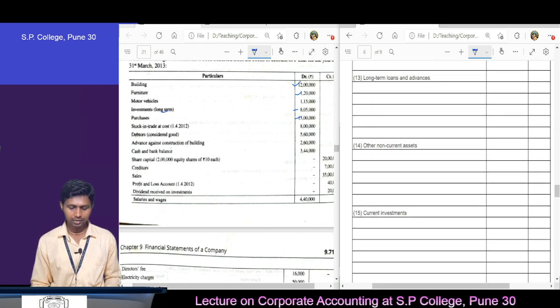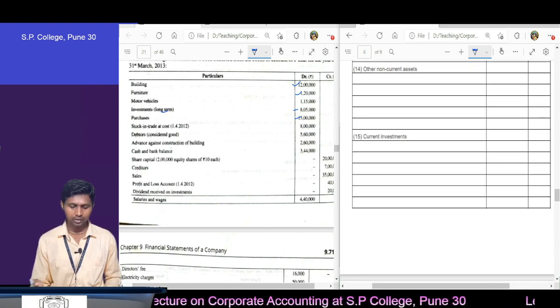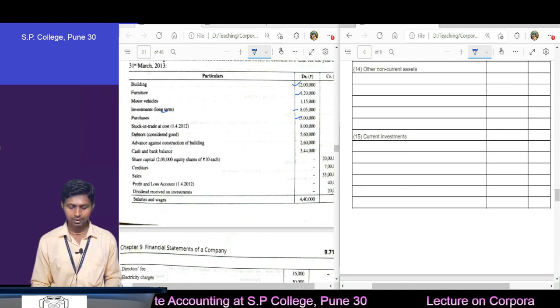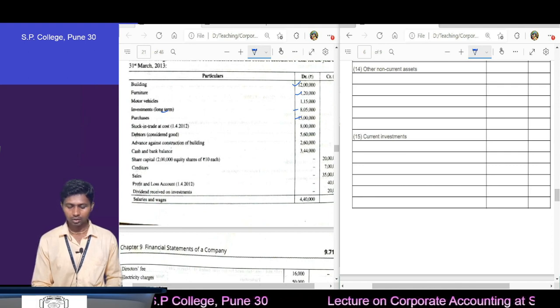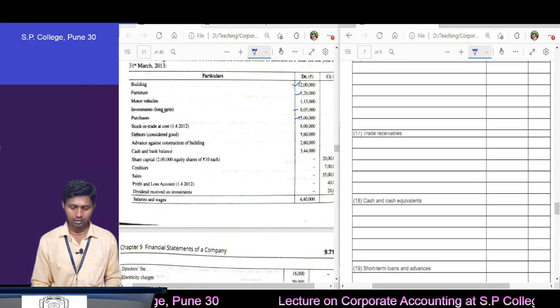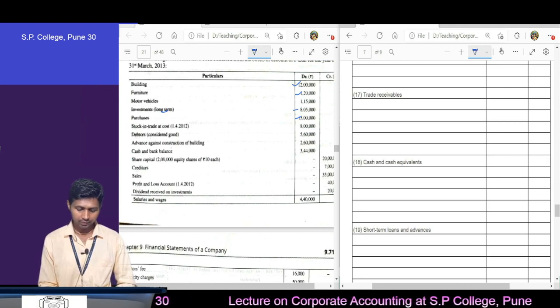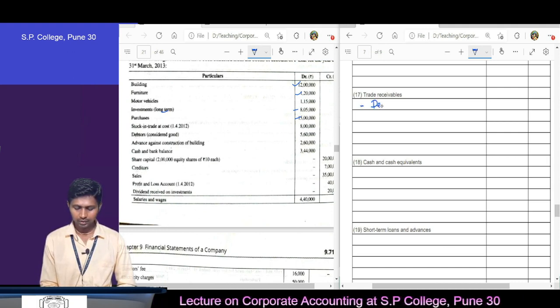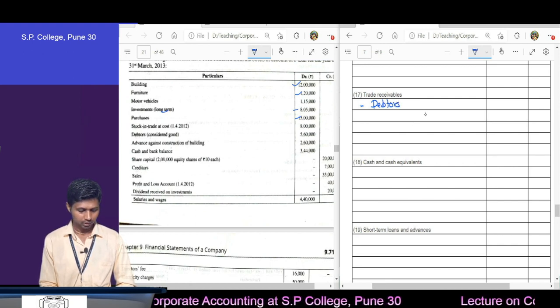This is not investment, no advances, we have not given advances. This is receivable from some parties. Other non-current assets, no. Current, no. Inventory, yes. Trade receivable, number 17, we have trade receivable. In that you can write debtors. Amount of debtors 5,60,000.